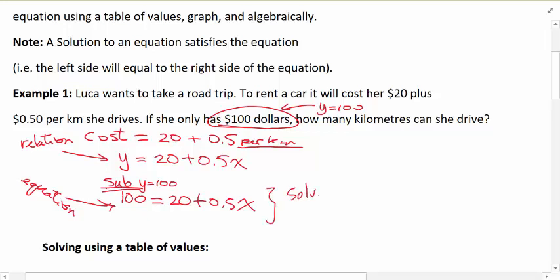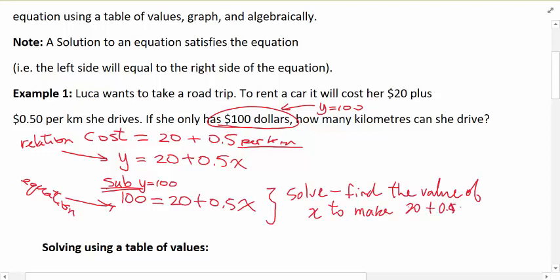When I say solve, you're trying to find the value of x, to make 20 plus 0.5x equal to 100. Okay. What value of x will give you 100 on that one side?